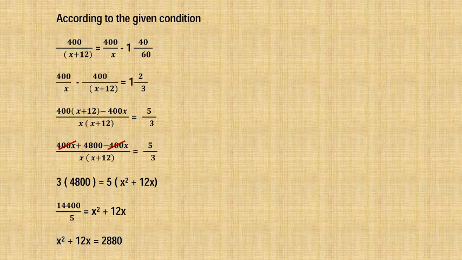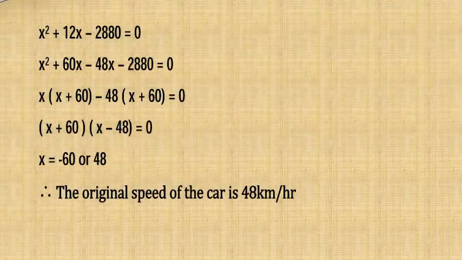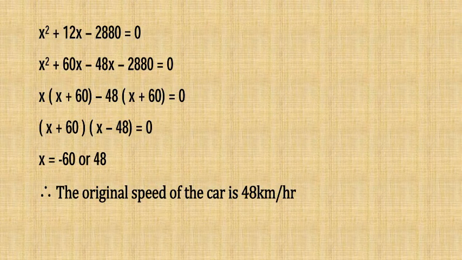Do the cross multiplication to get the necessary equation. Equation will be x square plus 12x minus 2880 is equal to 0. Factorize the equation. Value of x will be equal to minus 60 or 48. Consider only the positive value. Therefore, the original speed of the car is 48 km/h.